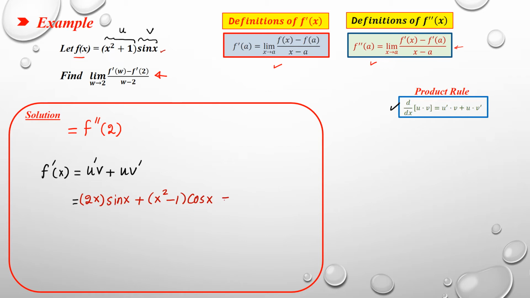So we have 2x sine x plus x squared minus 1 multiplied by cosine x.